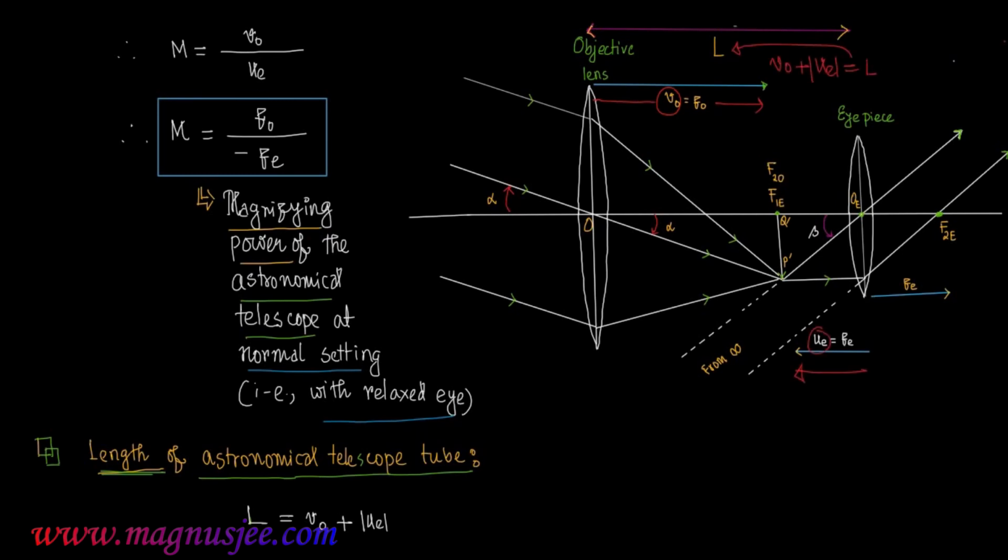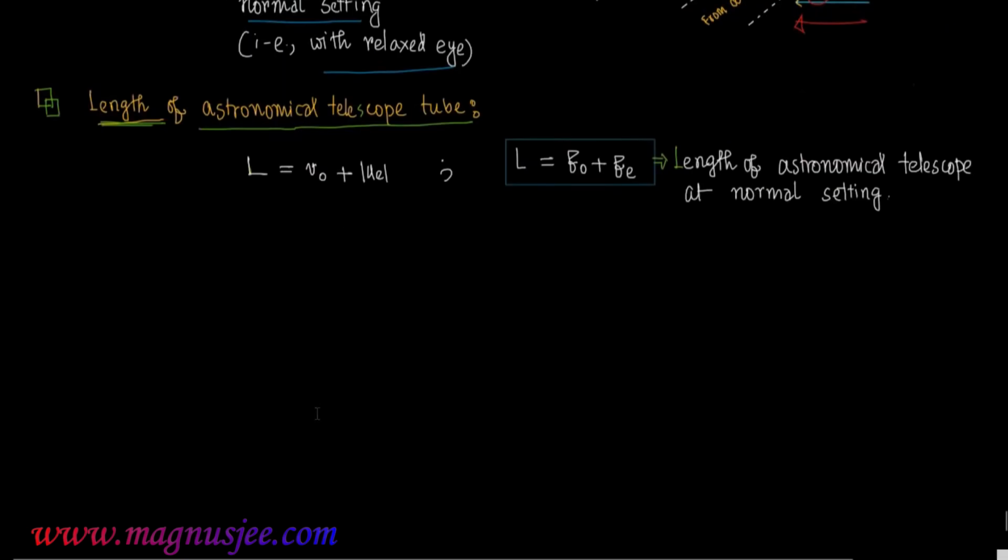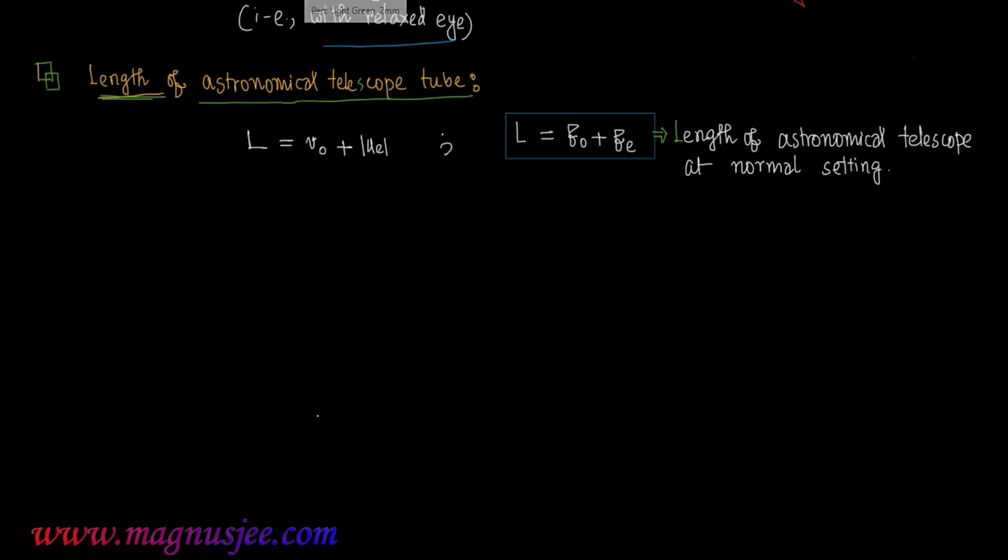The image distance of the real image is V naught, which is equal to F naught, and the object distance of the virtual object P prime Q prime from the eyepiece is UE, which is equal to FE. So finally we get the length of the astronomical telescope at normal setting as L equal FO plus FE, that is the sum of the focal lengths of the two lenses.